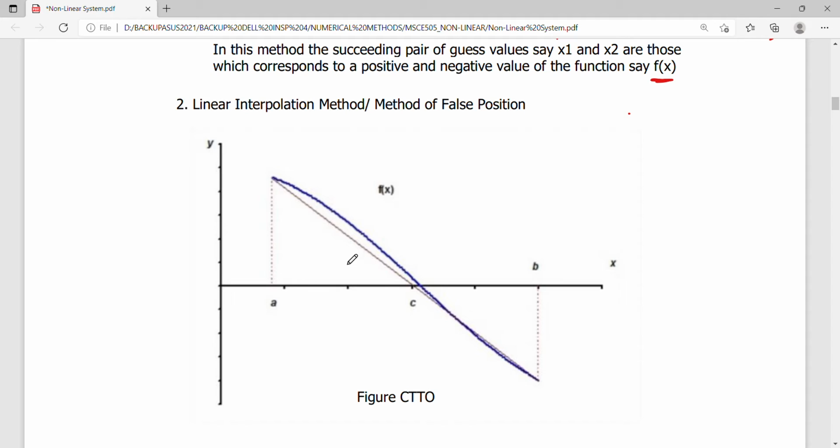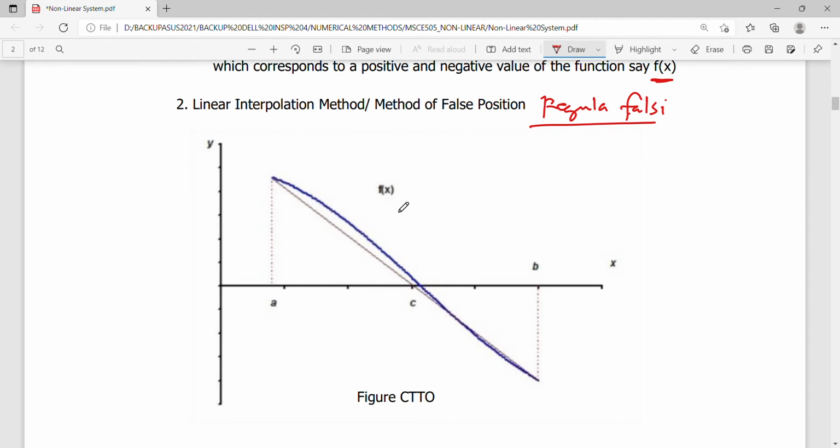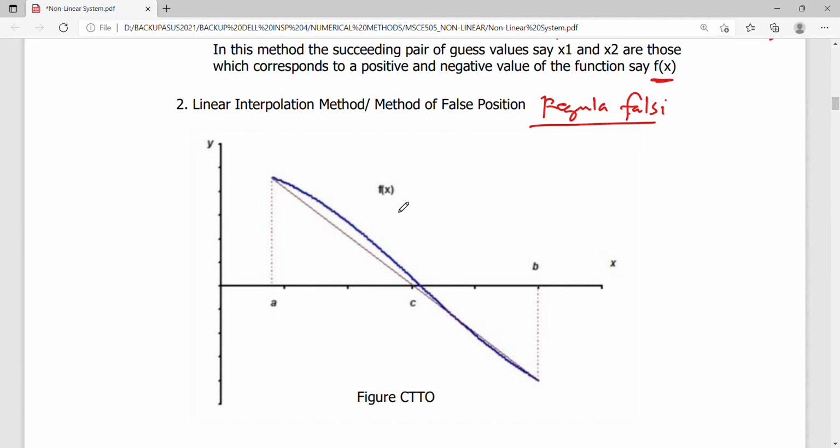Okay, guys, so we move over to the linear interpolation technique, or the method of false position, or the regula falsi. You might see this in other books as this method. So what happens when you try to assume the two guess values?